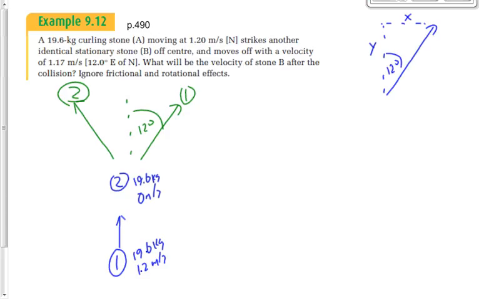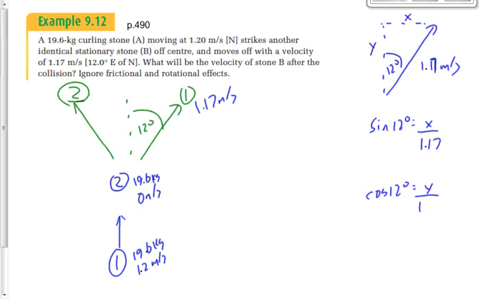Sine 12 degrees is equal to opposite over hypotenuse. And we're going to say cosine 12 degrees is equal to adjacent over hypotenuse. You guys on this side, Tony N's side, do the sine.